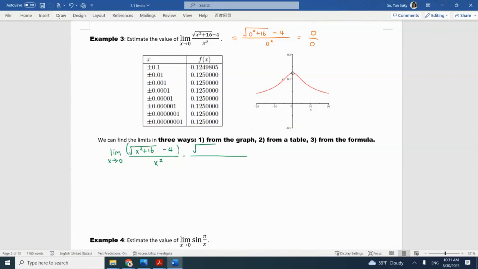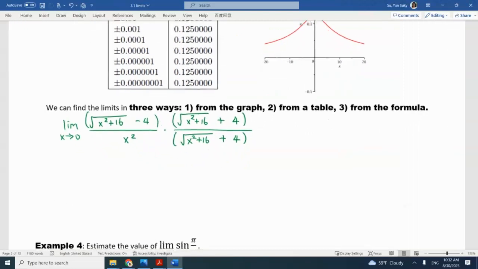So the conjugate will be almost the same thing, but instead of minus, you put plus 4. And when you multiply something, you make sure you multiply it on the numerator and denominator, so you're not changing the problem. The effect is like you multiply by 1. Right, everybody? You multiply by 1, you're not changing the fraction. They're still equal.